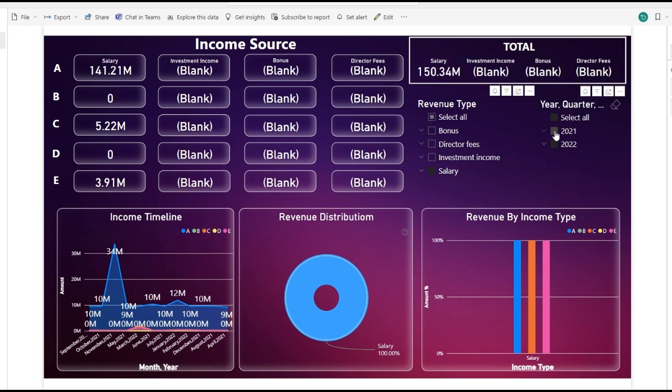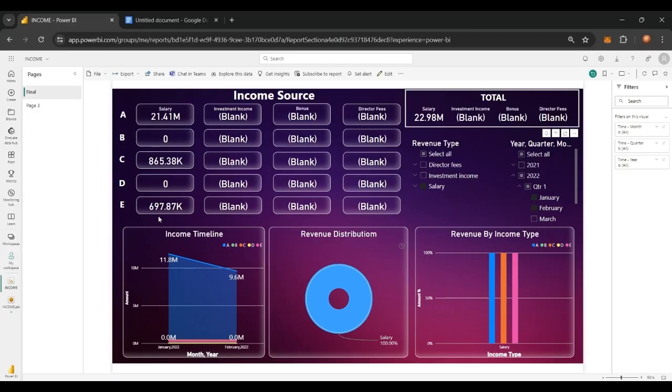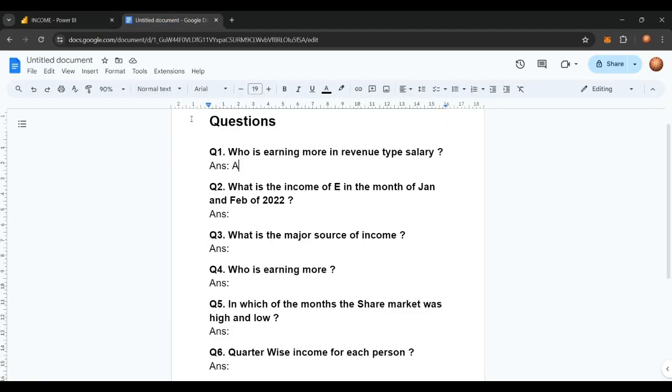We have to find the year 2022, then by selecting year 2022, in the month of January and February, we can see the salary is 697.87k. So the answer will be 697.87k.